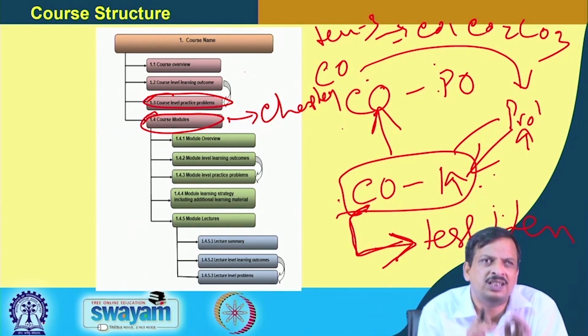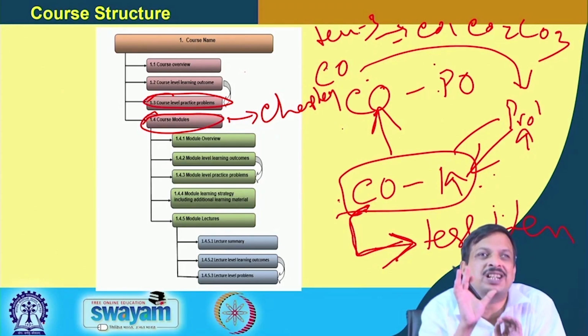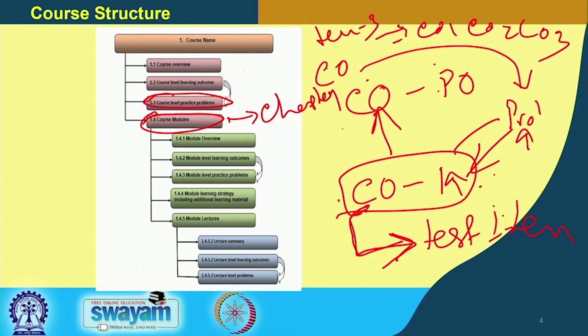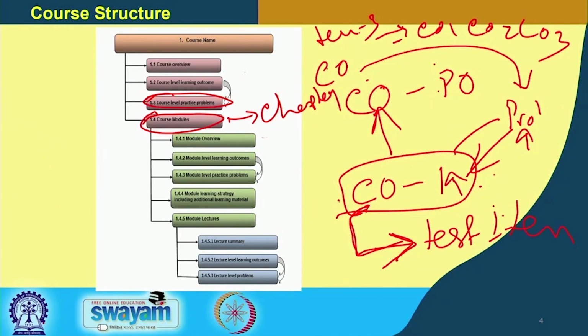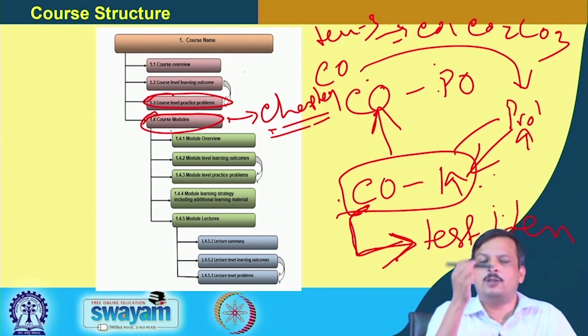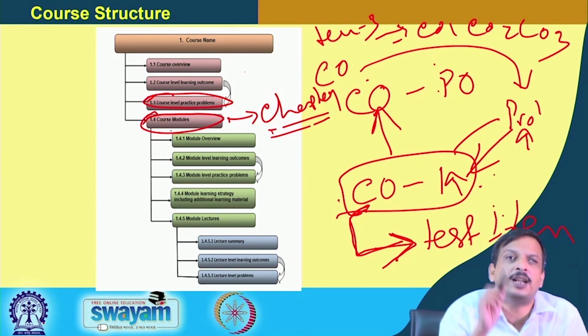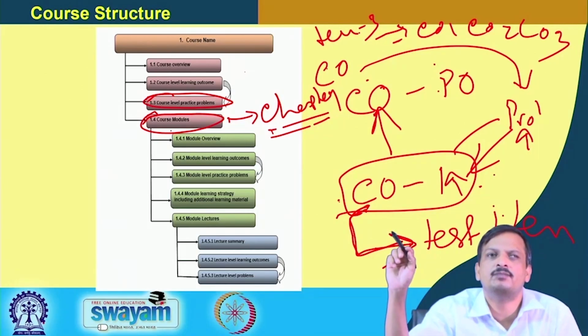So, a course is divided into chapters, or called modules. Sometimes people say it is a unit also, but my framework does not use unit, it uses module. So, once you develop the course, you include chapter 1, chapter 2, chapter 3, chapter 4, each with a name.